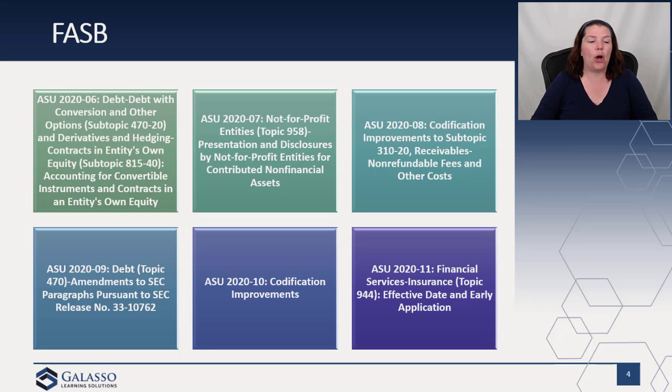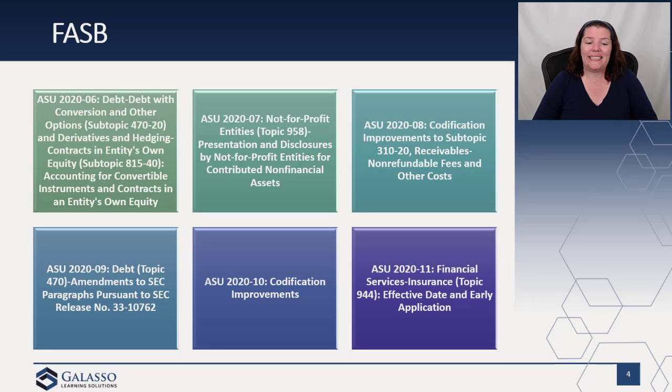ASU 2020-09 is related to some SEC guidance again. So for those of you who follow SEC guidance, we had SEC release 33-10762, which is providing amendments to financial disclosure requirements. And all we're doing here is incorporating that SEC guidance into the codification.